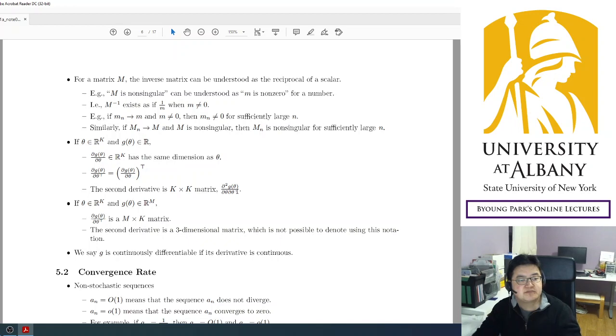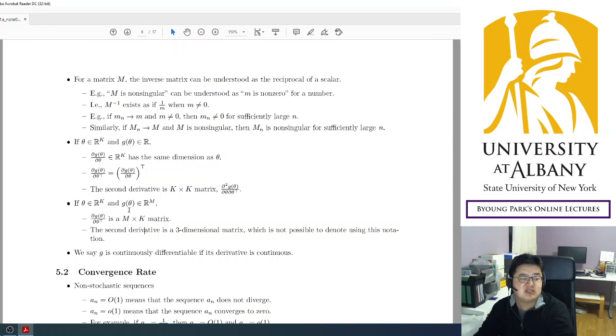It's simple. Even if the function is a vector, you can differentiate. However, now you have to use a transpose here, because the numerator is an m by 1 vector, so you have to make the denominator 1 by k. The result is an m by k matrix. It is just a standard notation.